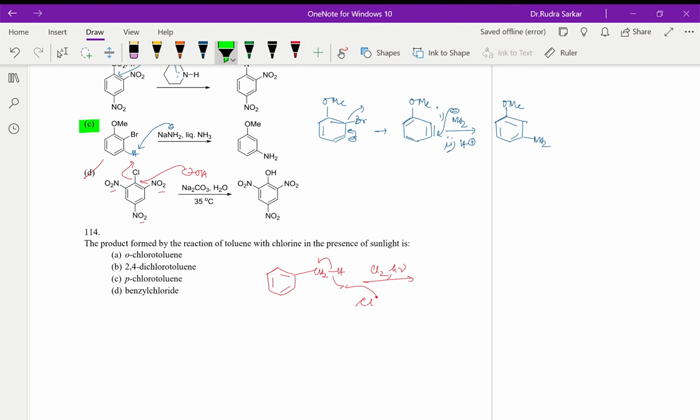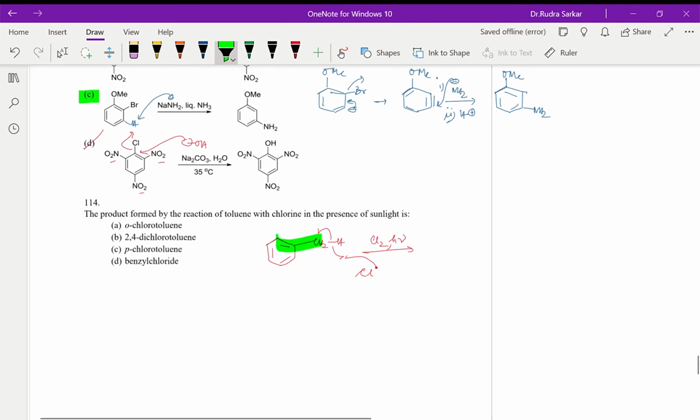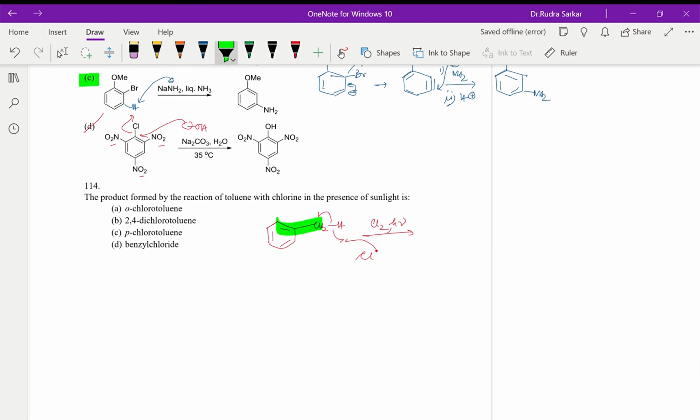Here this unit of the toluene is behaving like an allyl group, leading to formation of an allyl-type radical within the benzyl, so this is like CH2 radical.